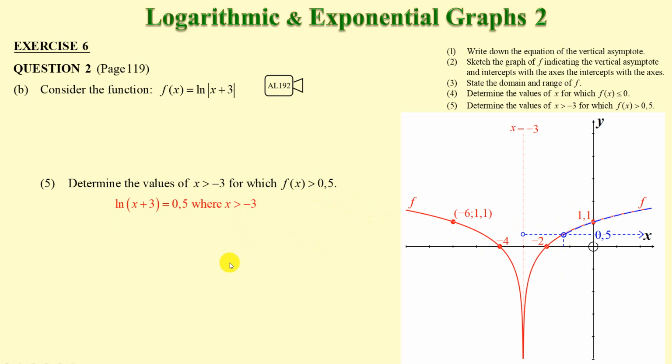It doesn't say solve graphically, so we better do it correctly. Change to exponential form. I'm actually just finding that value. That's why this is an equation, not that inequality. -1.35. That's pretty accurate because it's done on a calculator. And therefore x is greater than -1.35.